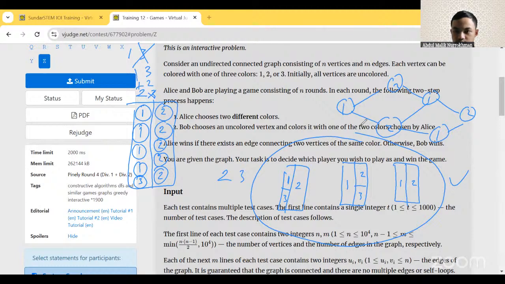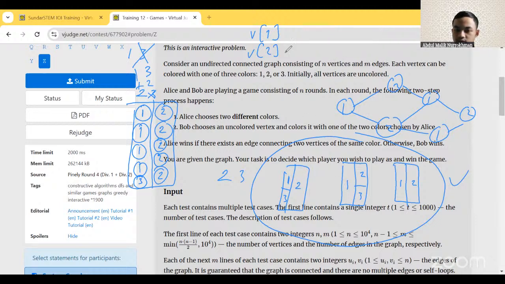So in the implementation, when we do DFS to find the odd cycle, just store the vertices. So we create two vectors. V1 consists of the indexes for the first part, and V2 the indexes for the second part.